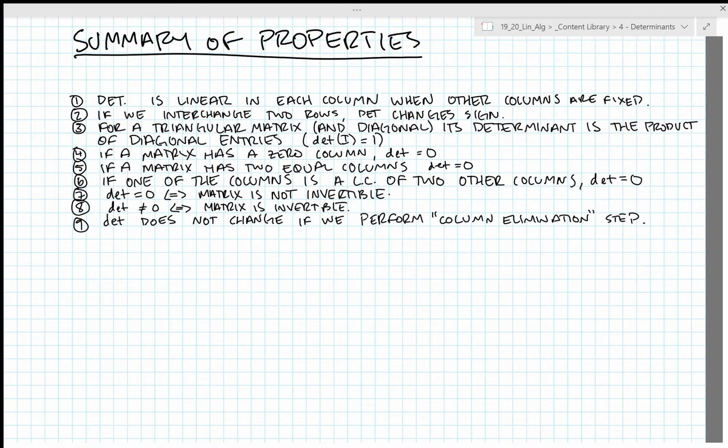All right, a couple more and then we're out. We're going to return to this one in a second. So the determinant of A equals the determinant of A transpose. These are the ones that we just did.